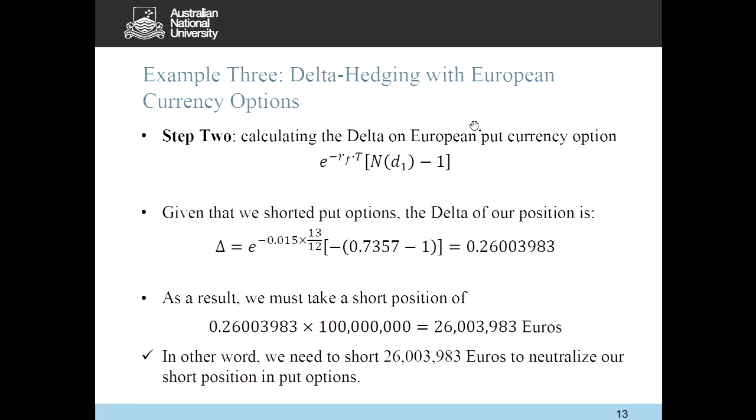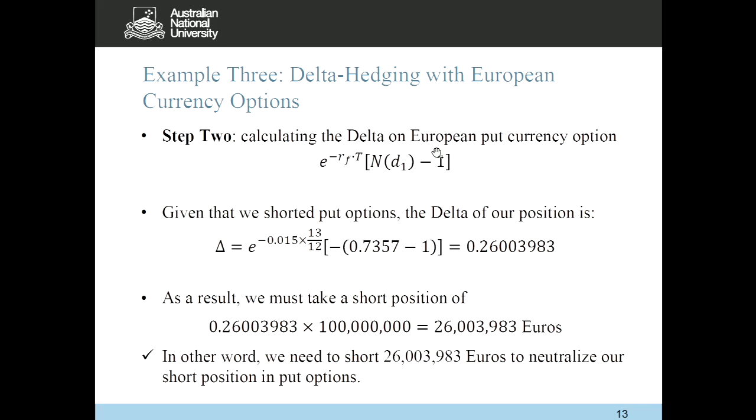However, we are dealing with put options. With the put option, the delta is N(d1) minus 1. That's what we talked about in Monday's lecture. If you take the first derivative of the put option price with respect to the share price, what you get is N(d1) minus 1. But that's just the delta on your regular put option. We're dealing with a put option written on foreign currencies.